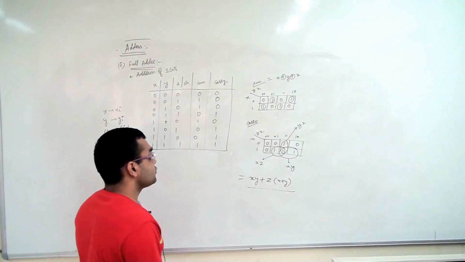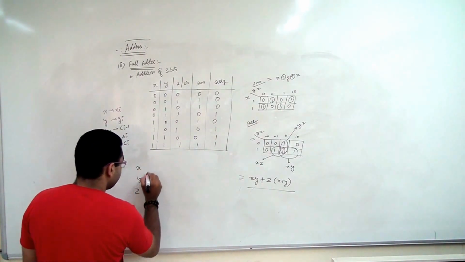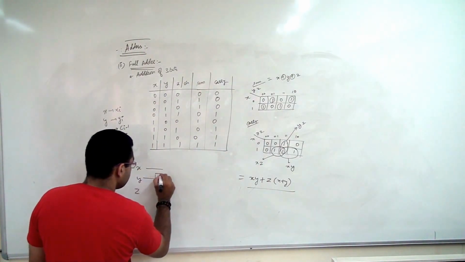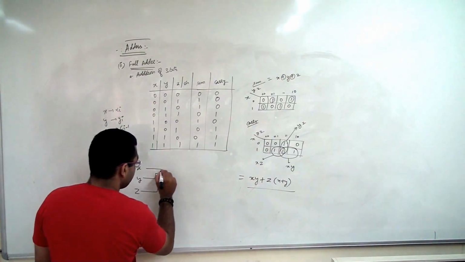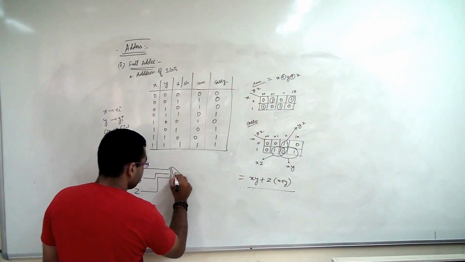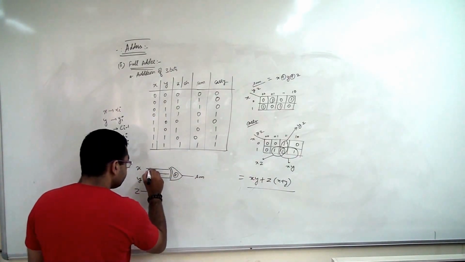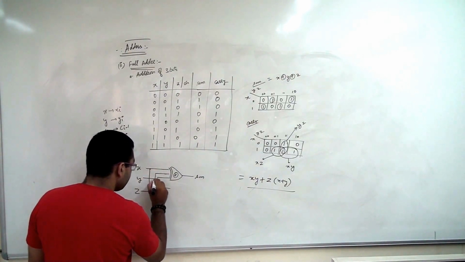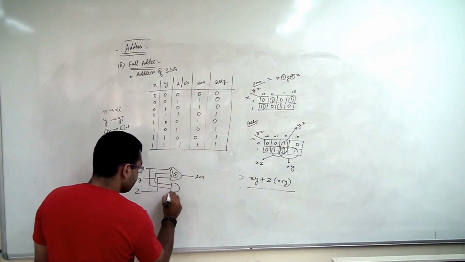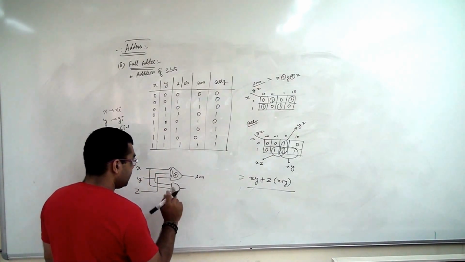Alright. So now what is my circuit actually? X, y and z. I have 3 inputs coming in. So I put in first of all an XOR gate. This is my sum. Carry: this generated the function xy. Then we have to OR it with z and x plus y.